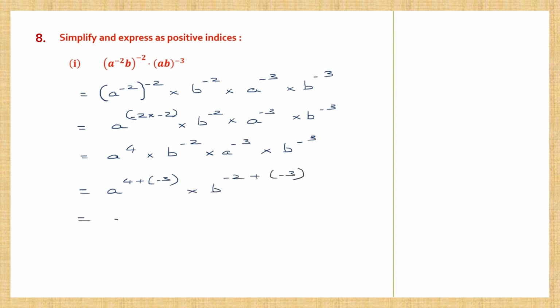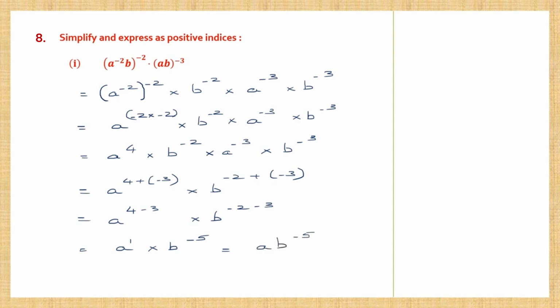So this becomes a to the power of 4 minus 3 into b to the power of minus 2 minus 3. So this is a to the power of 4 minus 3 is 1 into b to the power of minus 2 minus 3 is minus 5. That is, this can be written as a, since a to the power of 1 is simply a, and b to the power of minus 5.